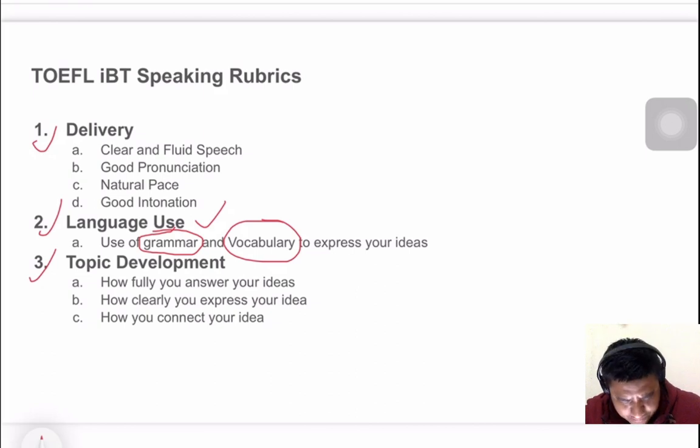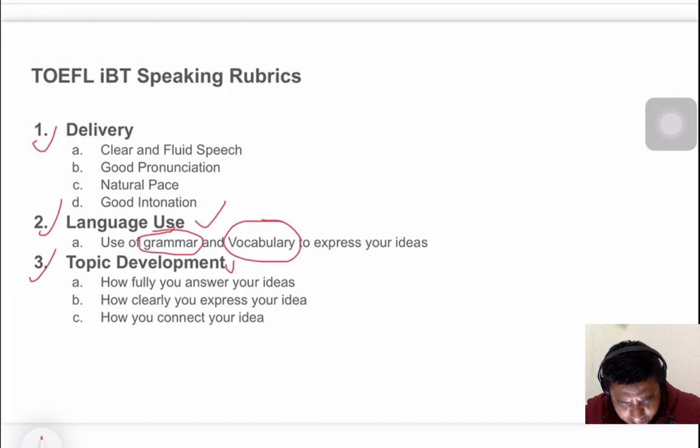So writing is stricter than speaking, but we are talking about the same language components, grammar and vocabulary, which make up the dimension of language use, right? And topic development is also something that we looked at in writing. Whatever we looked at also features here.